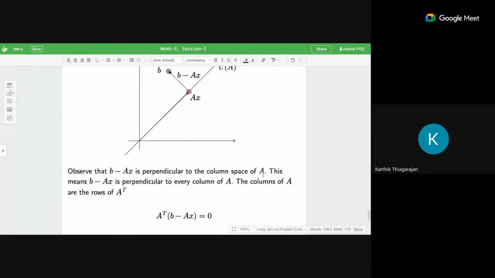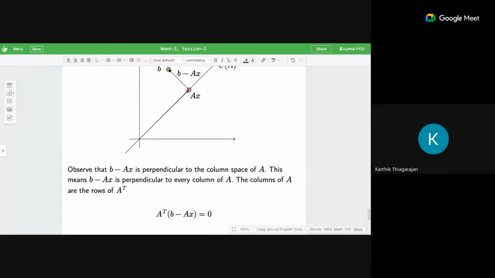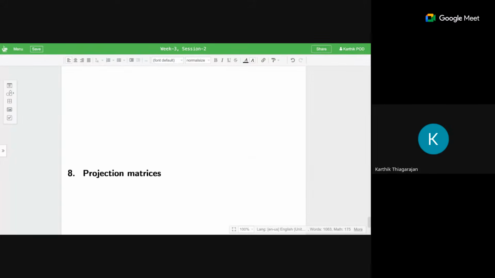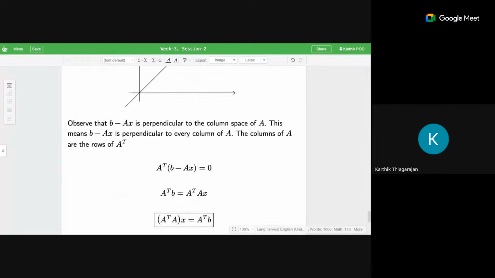So this is the column space of A. You are trying to find the projection of b onto the column space of A. And if you solve that, the resulting projection is the best projection. It is actually A times that x, right? Whatever x comes out, Ax is actually the projection, as we saw here.